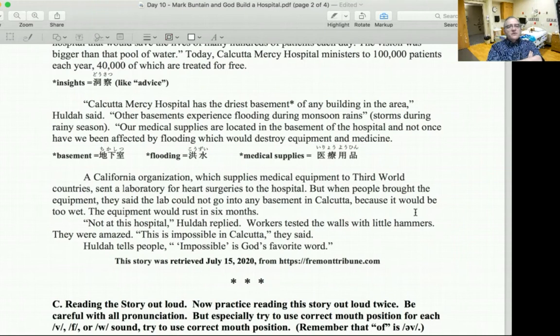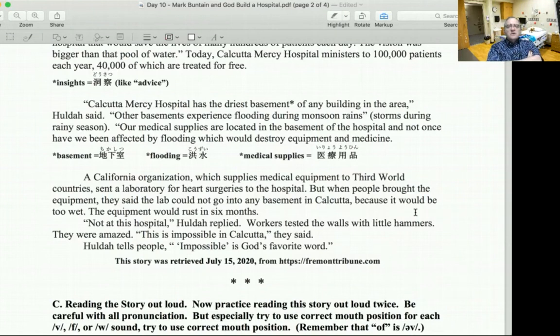A California organization which supplies medical equipment to third world countries sent a laboratory for heart surgeries to the hospital. But when people brought the equipment, they said the lab could not go into any basement in Calcutta because it would be too wet. The equipment would rust in 6 months. "Not at this hospital," Hulda replied.